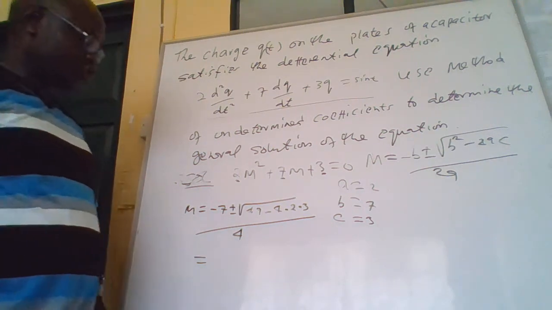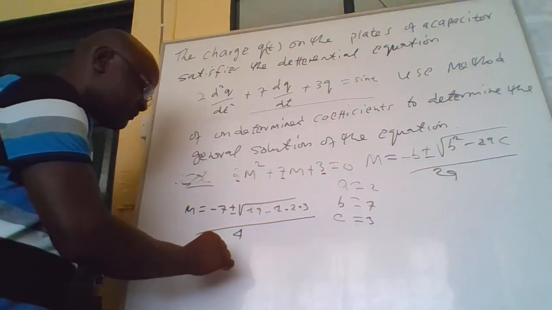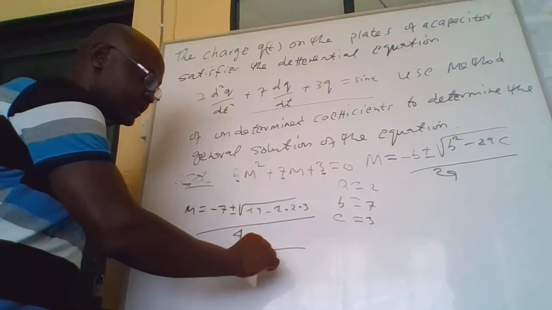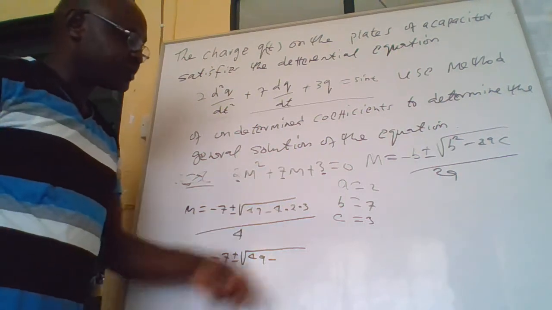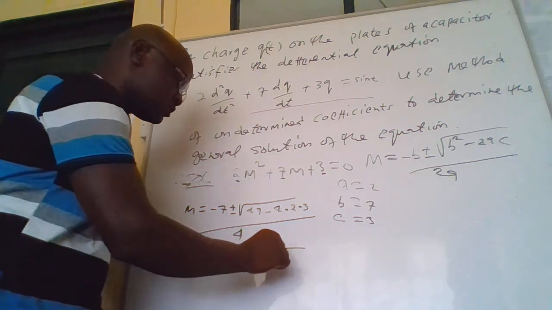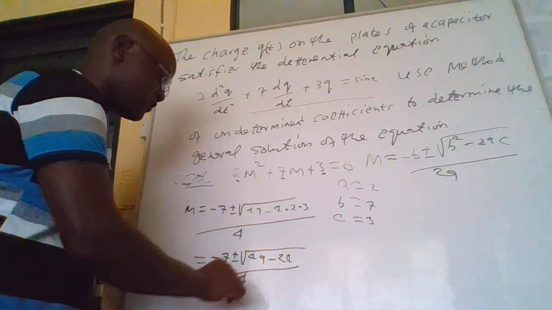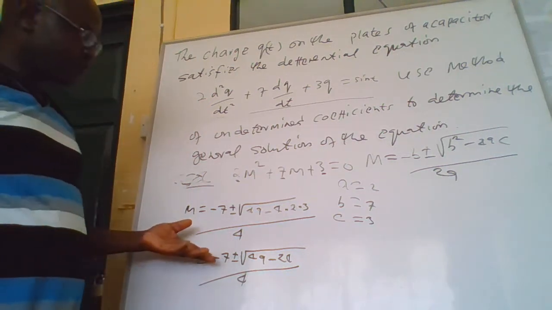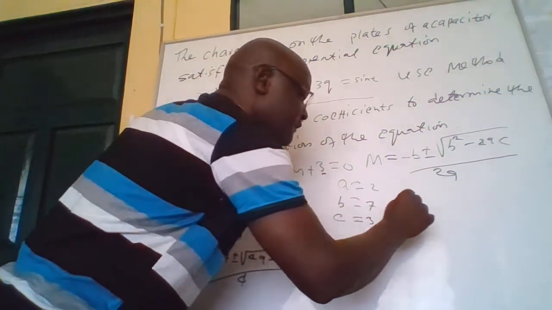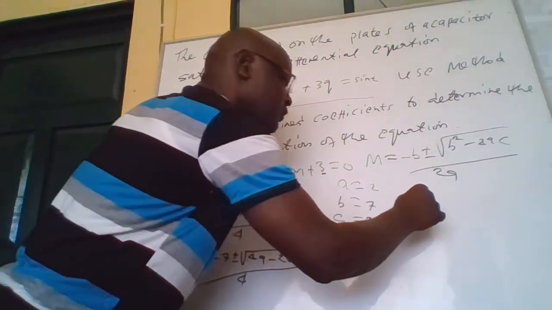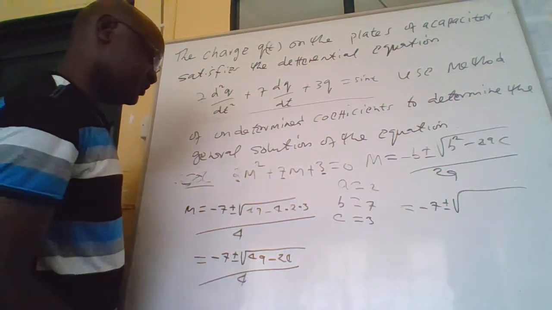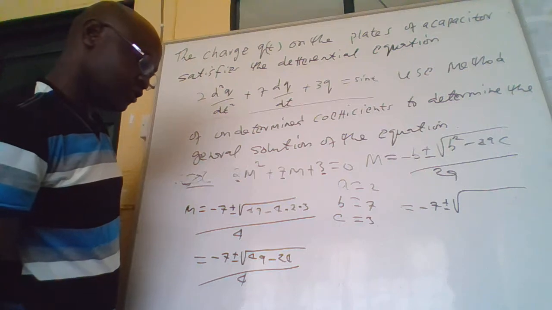So this equals (-7 ± √(49 - 4 × 2 × 3)) / 4, where 8 times 3 is 24. Now this equals (-7 ± √(49 - 24)) / 4, so we have 25.